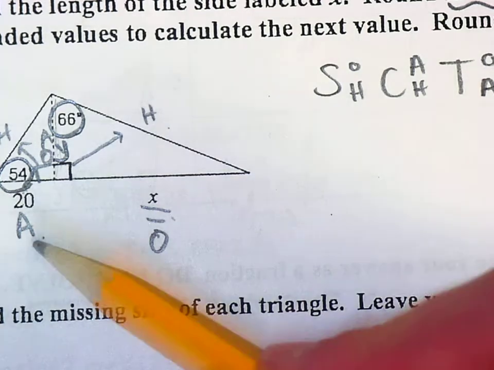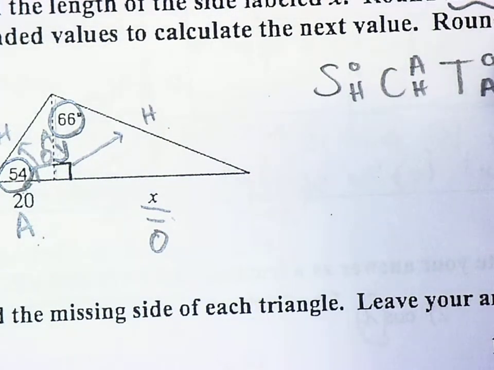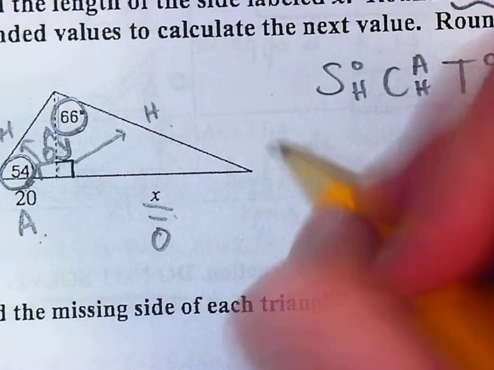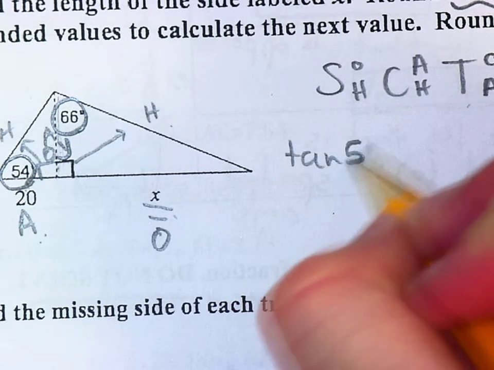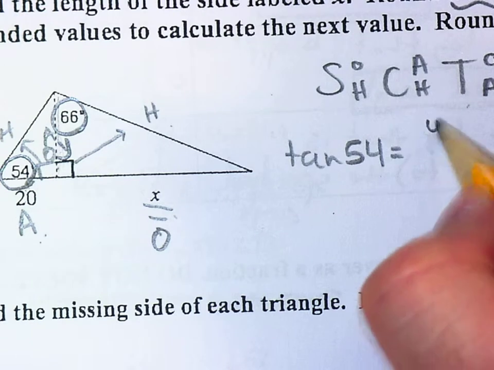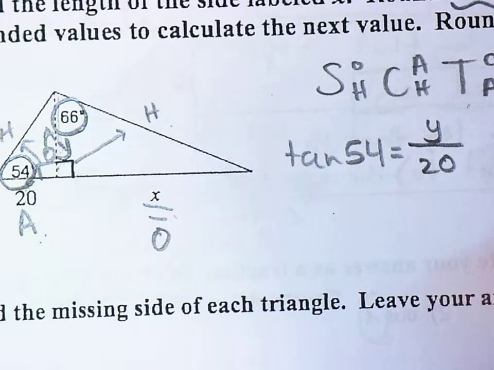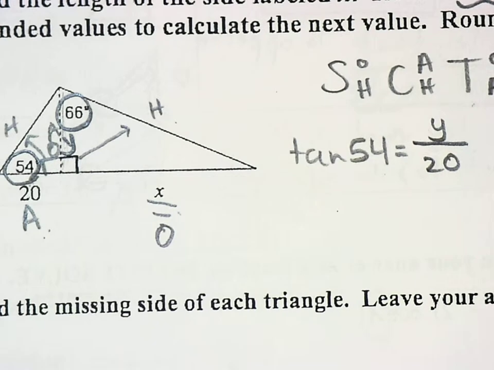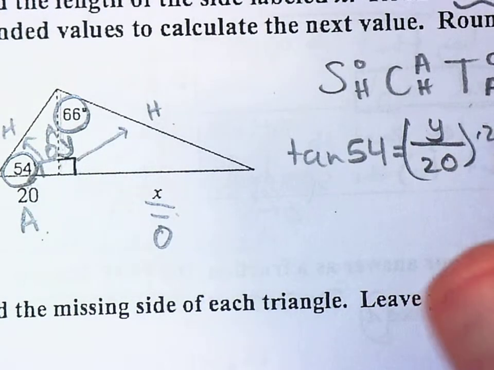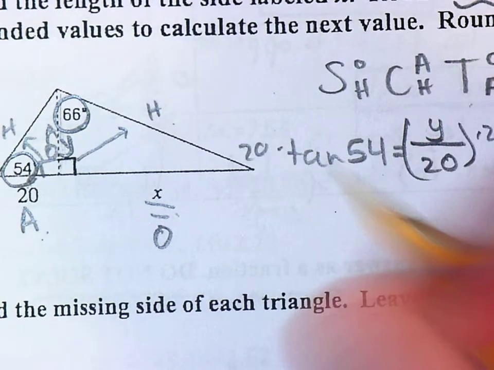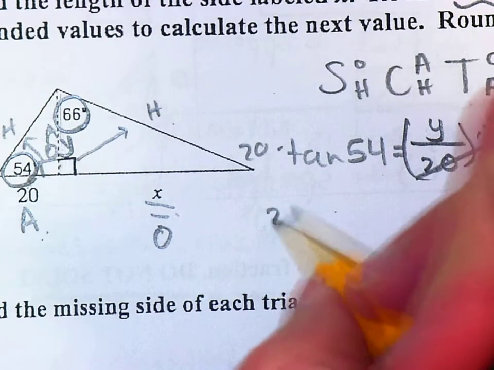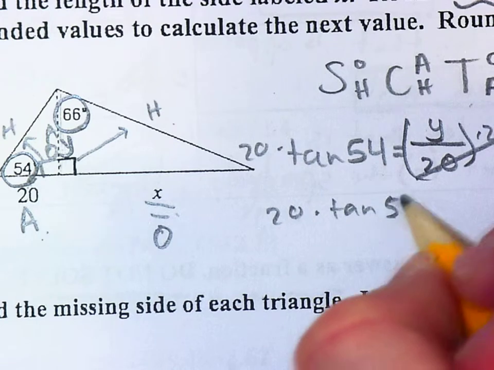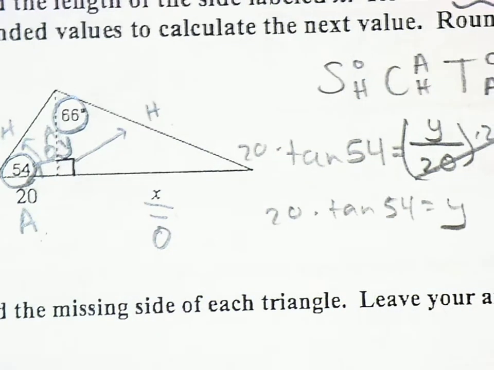Well, if we have A and we have the side opposite, O and A is tangent. So I'm going to use the tangent of 54, which is Y over 20. I'm going to use that to find that intermediate value, that other side, before I find X. Well, I'm going to times by 20. 20 times the tangent of 54 equals y.